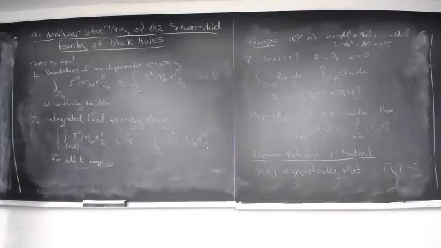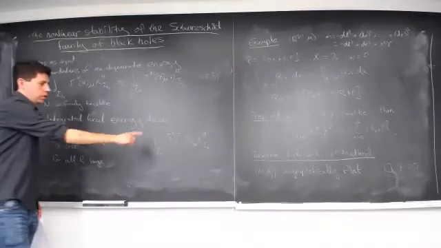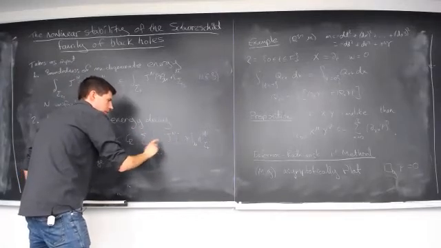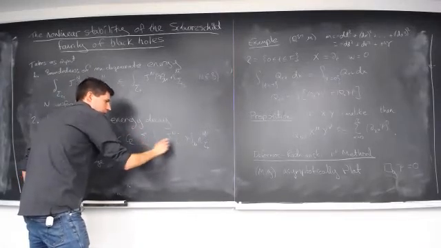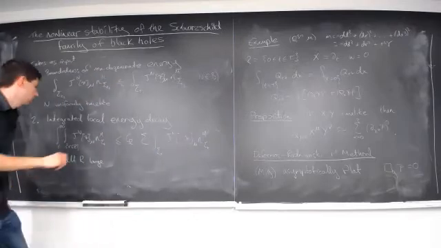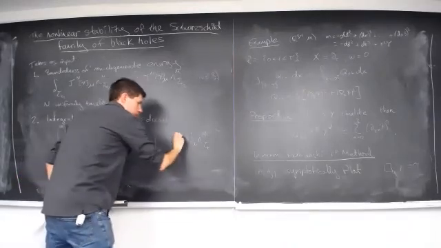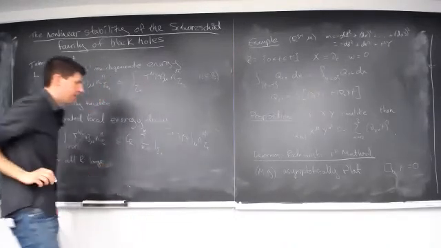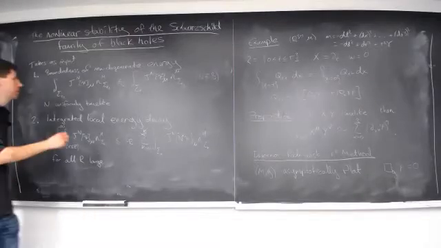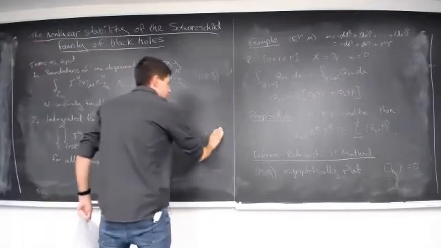Sometimes, as in the case of Schwarzschild, to show a statement like this, one has to lose another derivative on the right-hand side. So we'll allow for having more derivatives of ψ appearing on the right-hand side than what appear on the left-hand side, where n again is this time-like vector field. So this we call an integrated local energy decay statement.